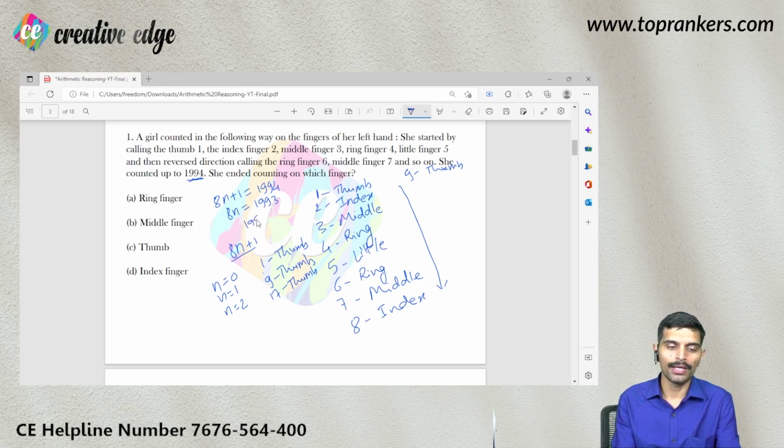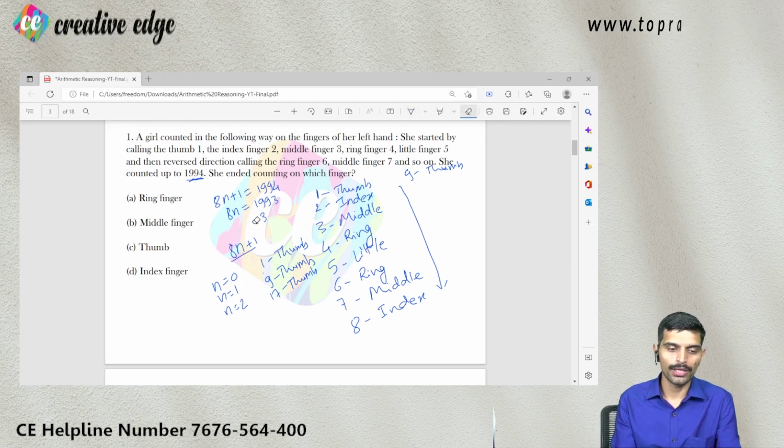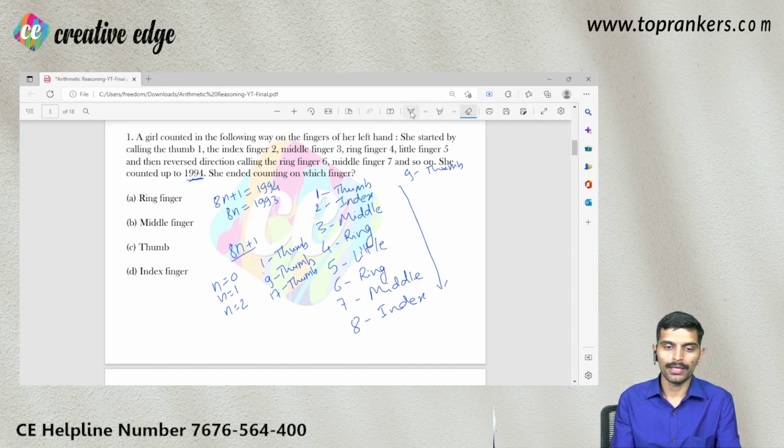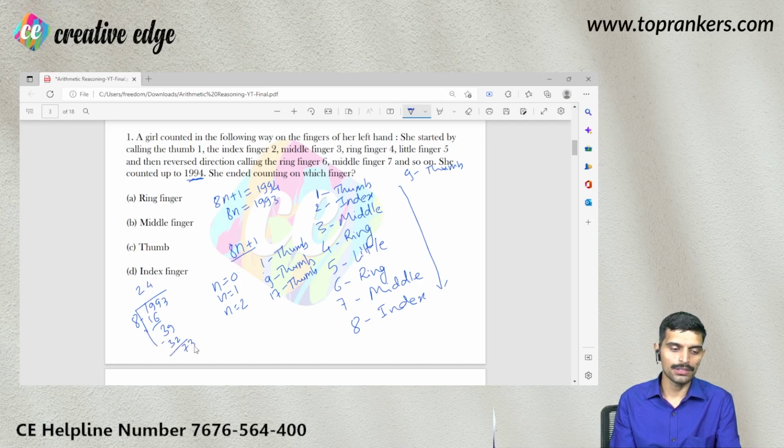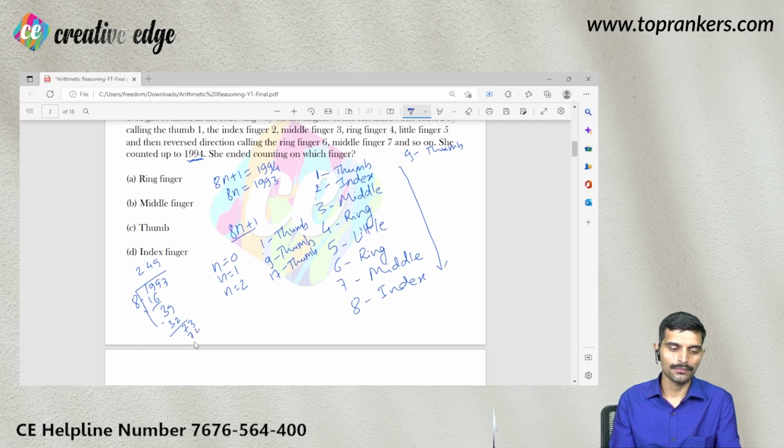If we divide 1993 by 8: 8 twos are 16, remainder is 3, 39; 8 fours are 32, difference is 7, 73; 8 nines are 72, and the remainder is 1.